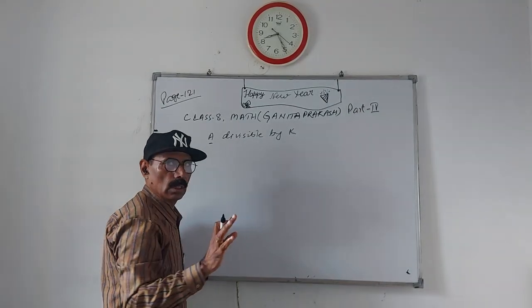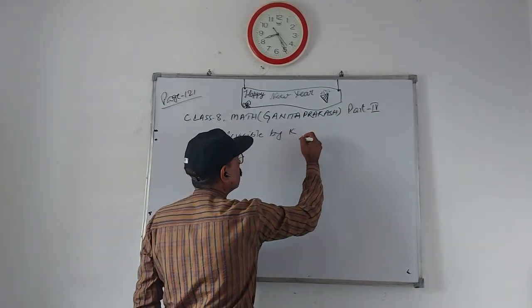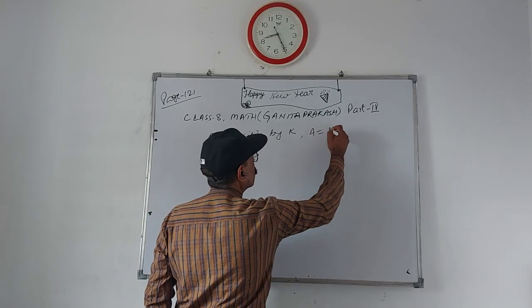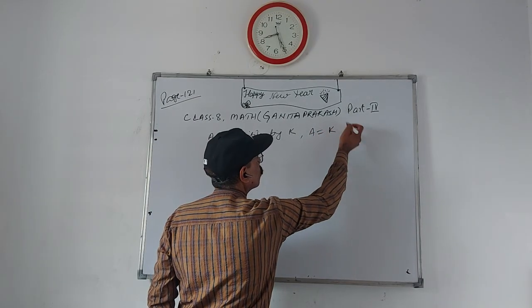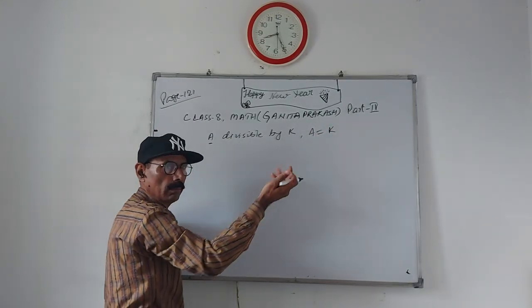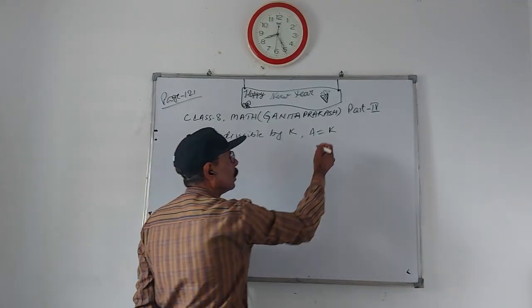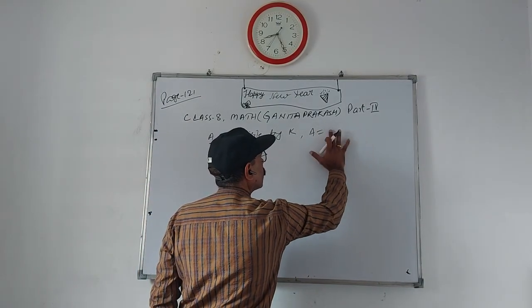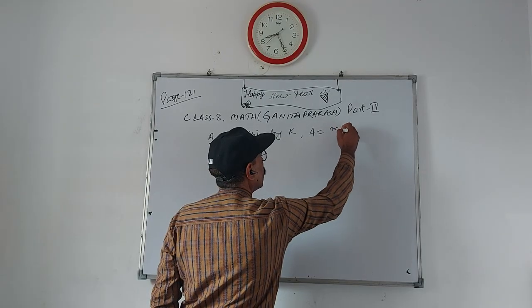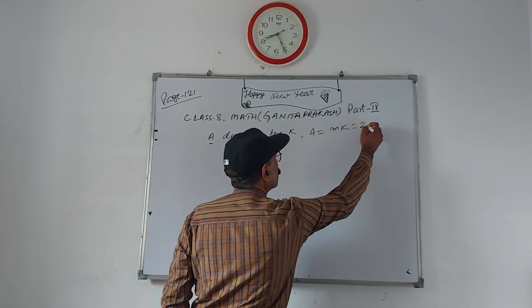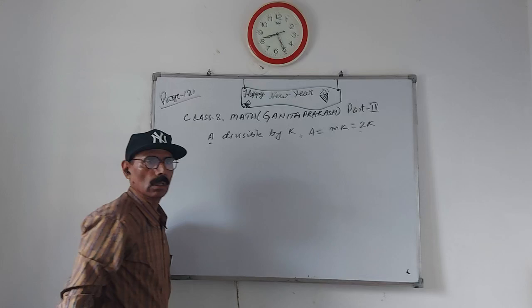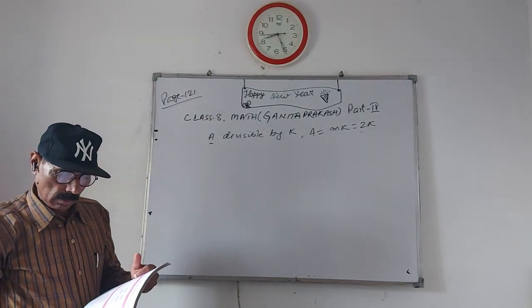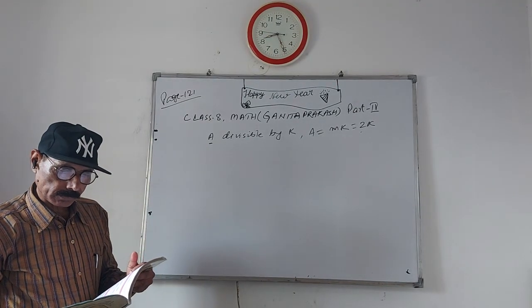That's why it is cut. So that means A is equal to K times something: 2K, 1K, 3K or MK like this. Any number may come. In place of a number, you can write MK or 2K. Understood? 2K, 3K, any number you can write.